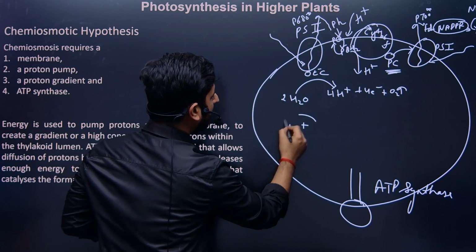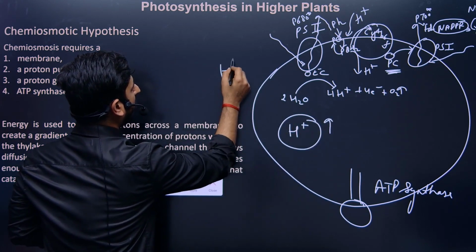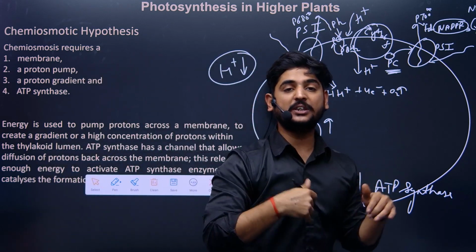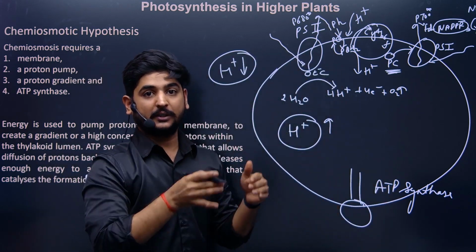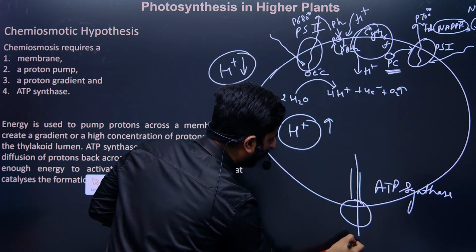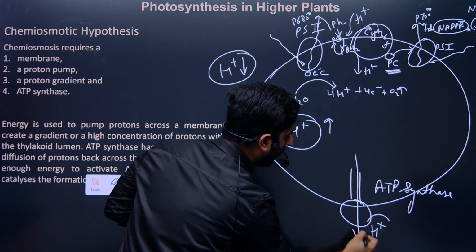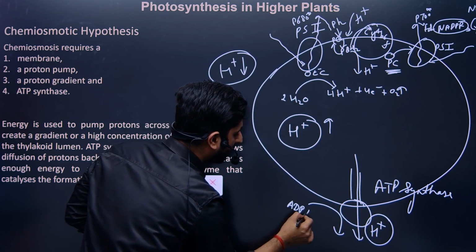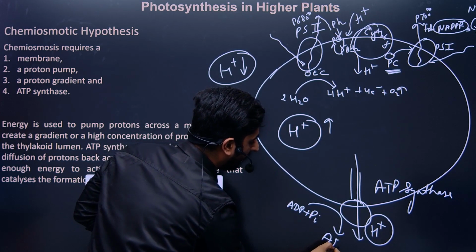More protons are inside and fewer protons are outside. So ATP synthase, which is an enzyme, will use this proton gradient so that it throws protons out again, and in doing so it converts ADP plus Pi into ATP.